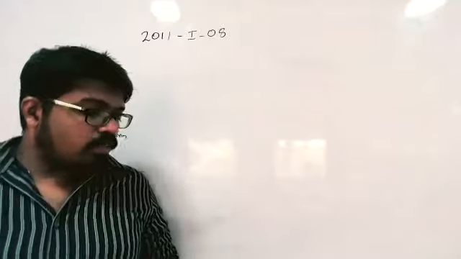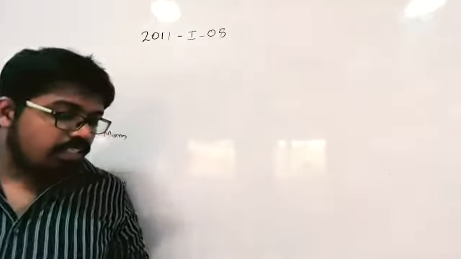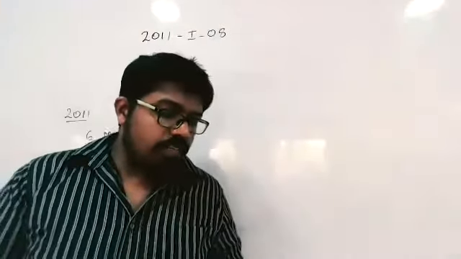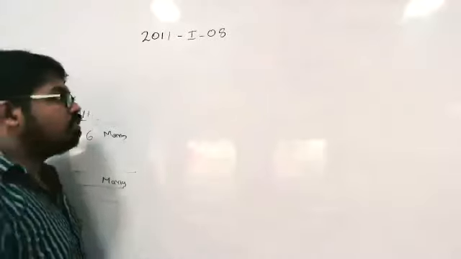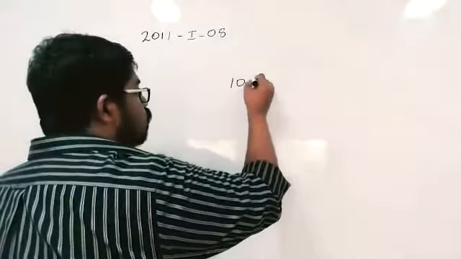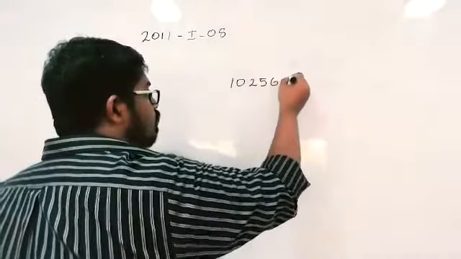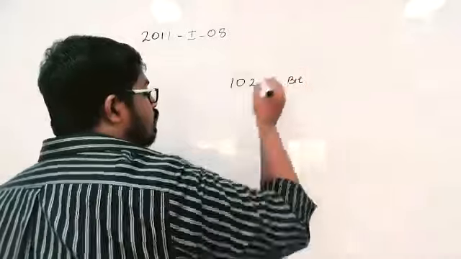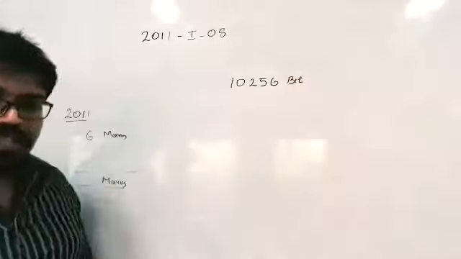Salmon has an electronic presentation of size 10,256 bits. 10,256 bits is the capacity of the file, right?